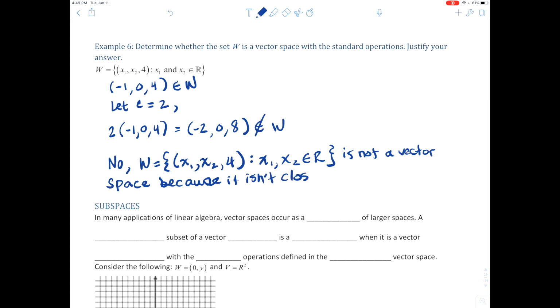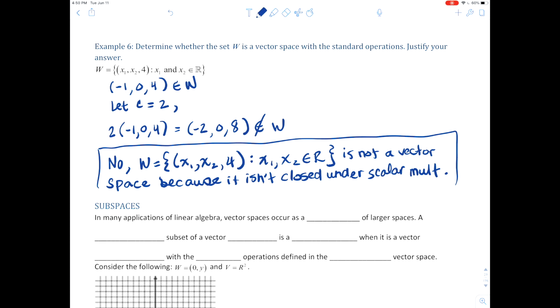It's not closed under scalar multiplication. So if any of the 10 properties or requirements fail, then it's not a vector space, even if it's just one. This one fails multiple times. So providing the counter example is part of the problem, but the end conclusion is this.